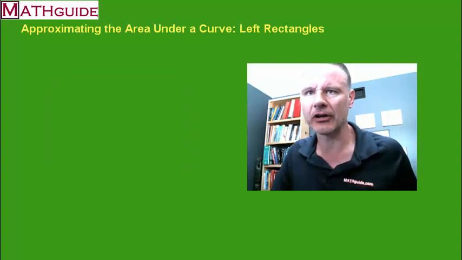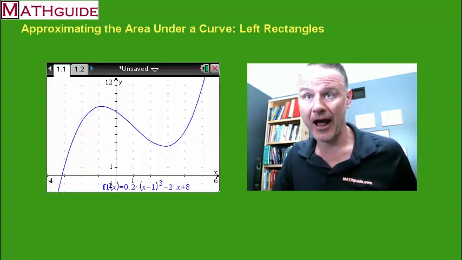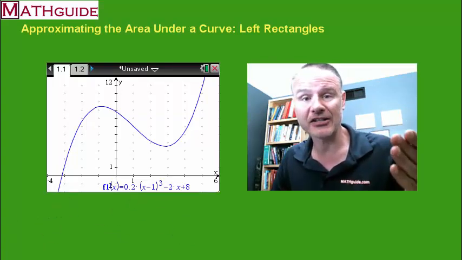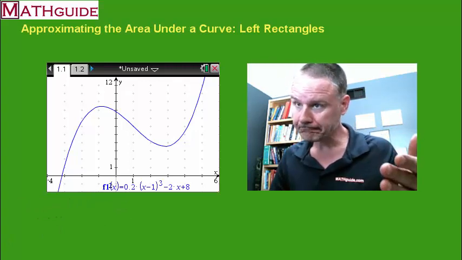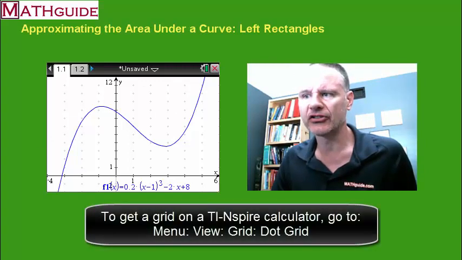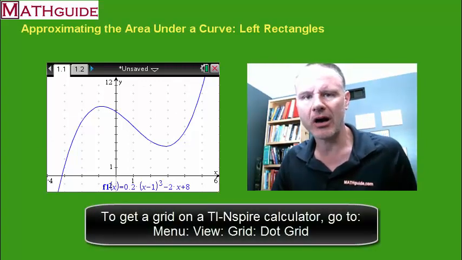Okay, let's take a look at a specific graph. I graphed this function using a TI Inspire calculator. I just plugged it in. I also turned on the grid, so you can see those little dots there. That helps me draw some rectangles.